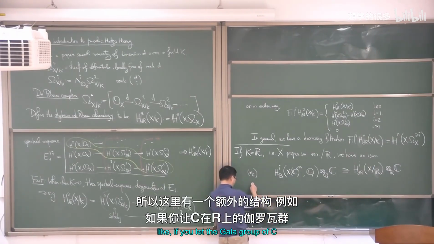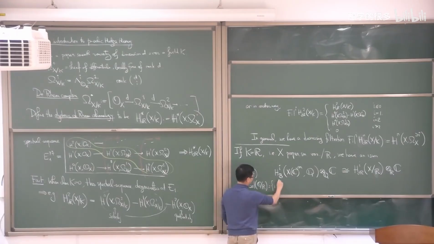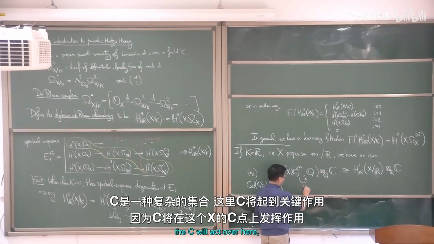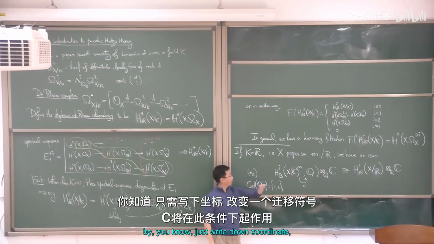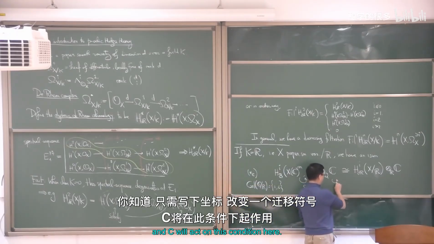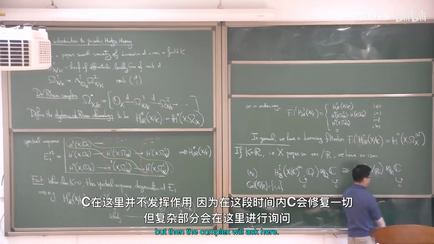Namely, let the Galois group of C over R, which has two elements, 1 and c, with c being the complex conjugation, act. c will act on the C-points of X by writing down the coordinates and changing the sign on the imaginary part, and c will act on the coefficients here. c doesn't act on the de Rham side, because this is purely over R and c will fix everything. But complex conjugation will act here.